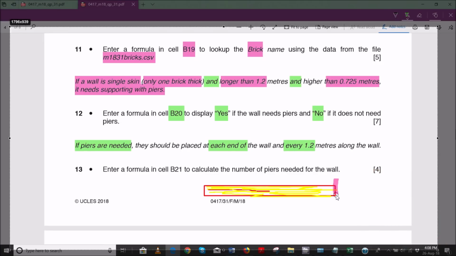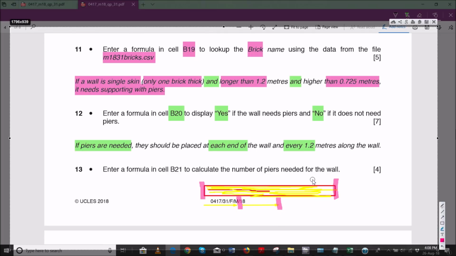So we have got one here, and we'll have one there. They should be placed at each end of the wall and every 1.2 meters along the wall. So for every 1.2 meters from the beginning of the wall up to there, if there is need for a pier, then I will place one right there. Again, 1.2 meters. If there is need for another pier, then I will place it right there.